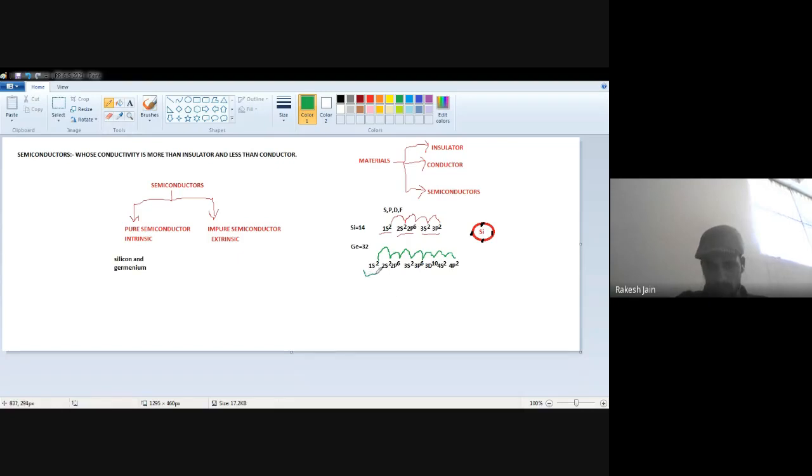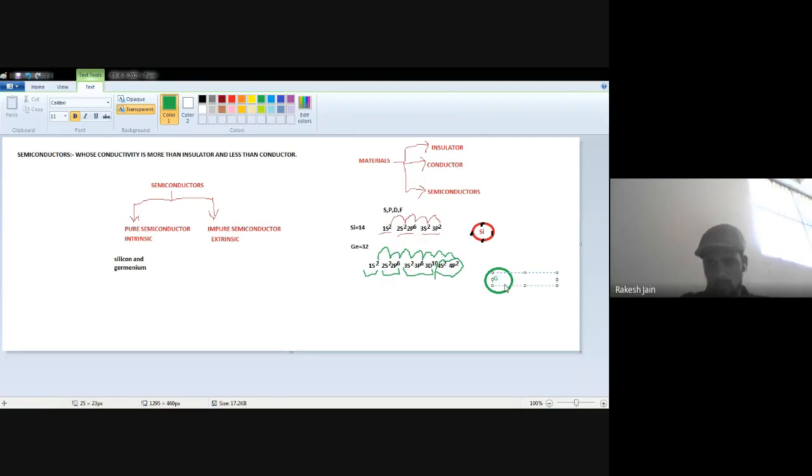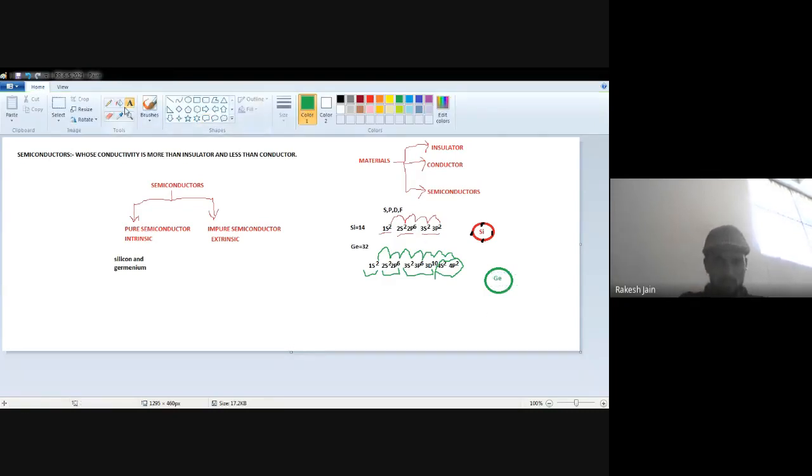This is the first orbital, s and p is the second orbital, s, p, d is the third orbital, and this one is the last orbit. What is the number of electrons here? 4, again 4. Similar to silicon, germanium will look like an encircled germanium element, and our 4 electrons will be on the outer side.